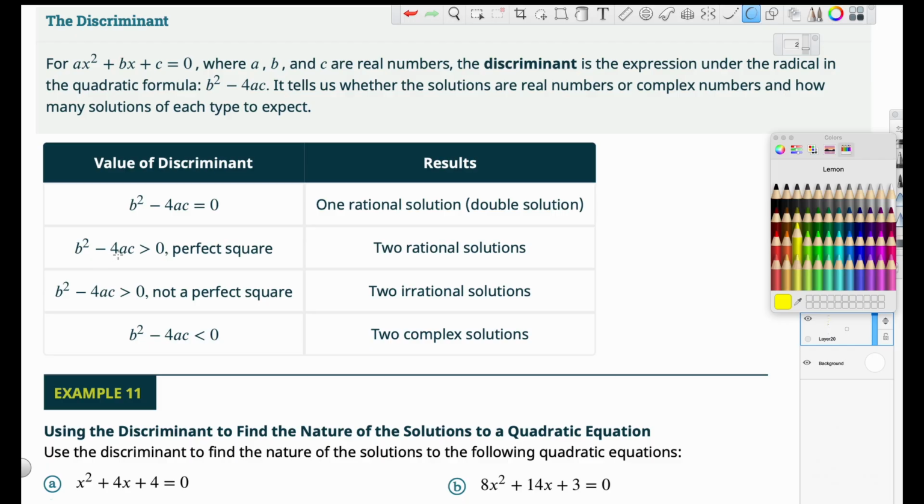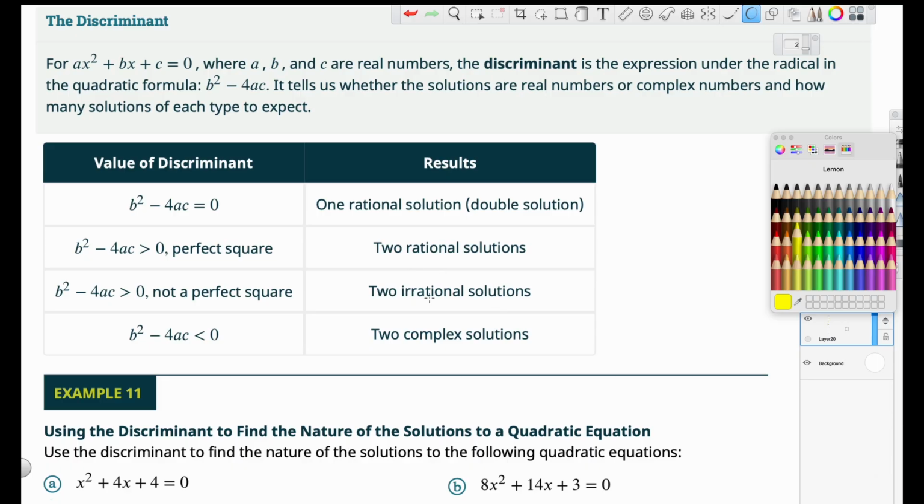If b squared minus 4ac is greater than 0, and the number ends up being a perfect square, 1, 4, 9, 16, 25, we have two rational solutions. If the discriminant is greater than 0, but it's not a perfect square, that means we're going to get two irrational solutions.